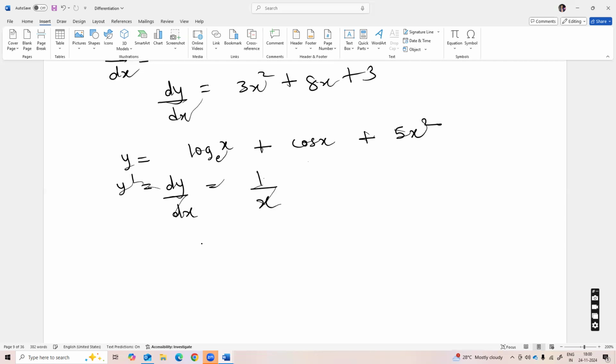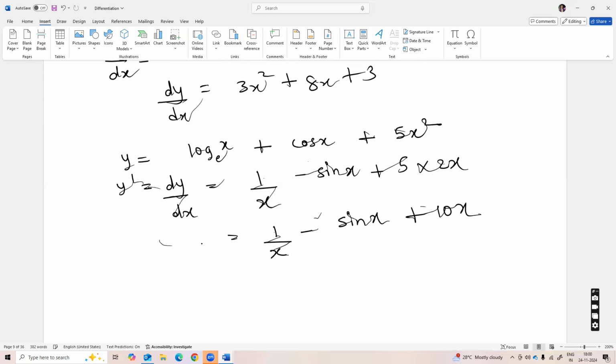Derivative of cos x is minus sin x. Then the derivative of 5x square: as I told, 5 will come out, then for x square, it is 2x. So finally, we got 1 by x minus sin x plus 10x. So this is the derivative of the above given function y.